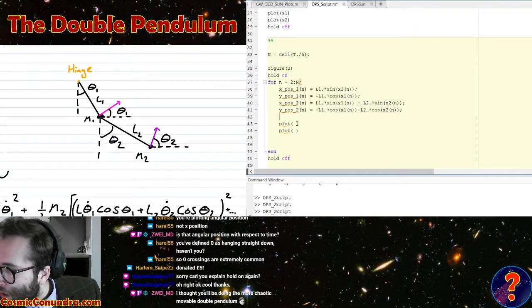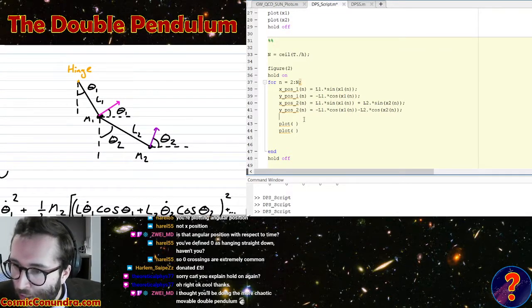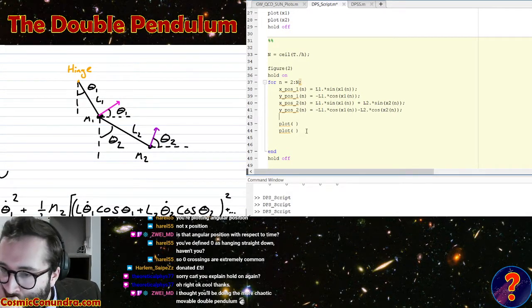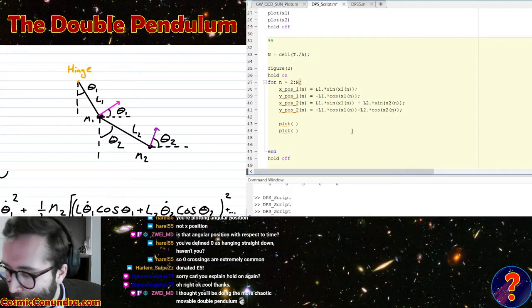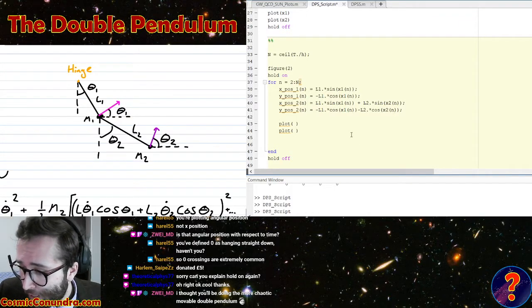Now, what I want to do is to draw a straight line. Thought you'd be doing the more chaotic movable double pendulum. What do you mean movable double pendulum? I mean, sorry, both of these hinges here are movable. Both of these masses will move.